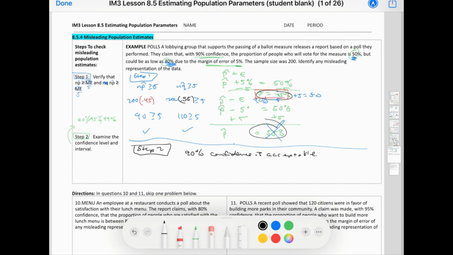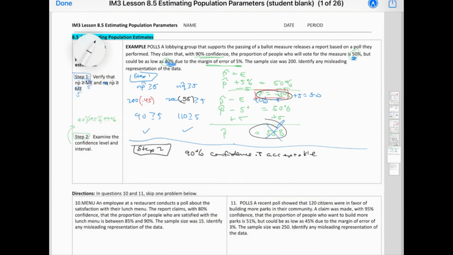Okay, now this is where it goes wrong. And let me write this in writing so you can kind of see it.